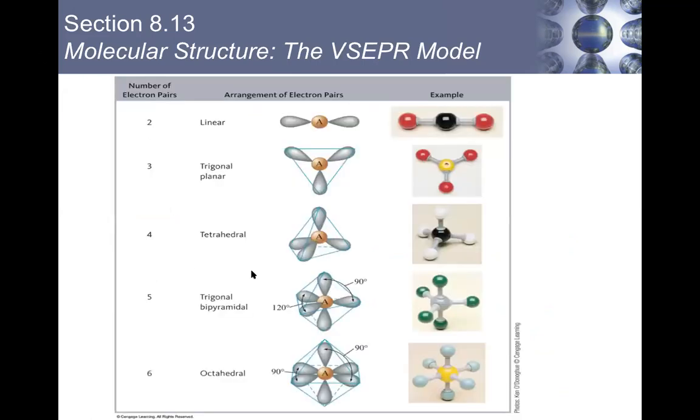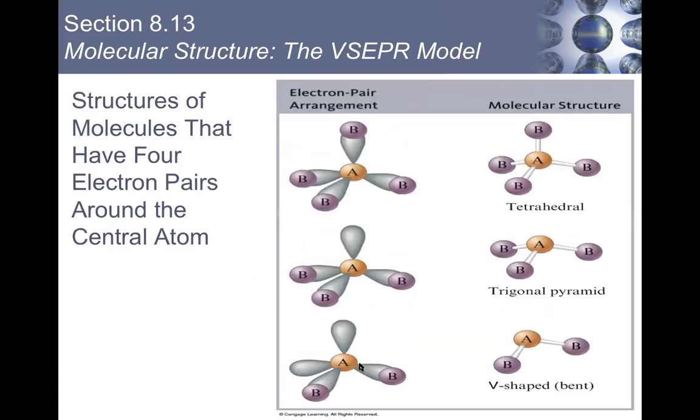So then we expand a little bit. You can have more domains than that. We've looked at 4 domains. You could have 5 domains. You can have 6 domains. And there's different shapes that are associated with it. So again, if you have 4 domains, if they're all single bonds, it's tetrahedral.